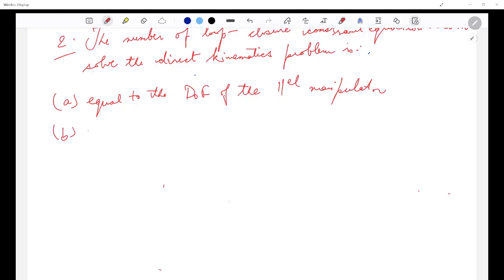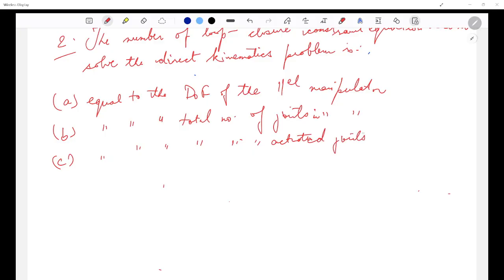B: equal to the total number of joints in the parallel manipulator? C: equal to the total number of actuated joints in the parallel manipulator?